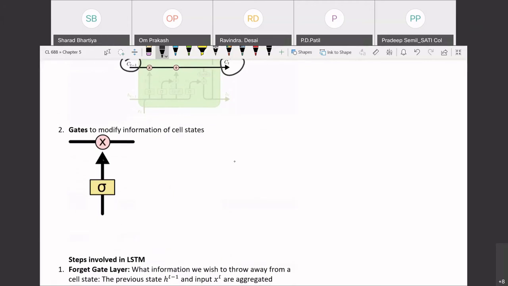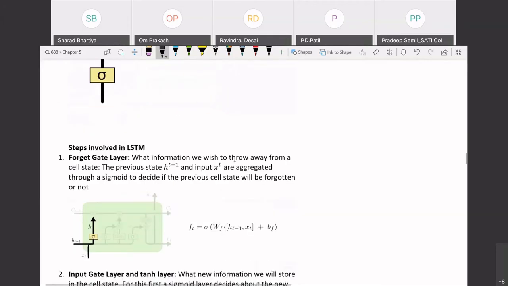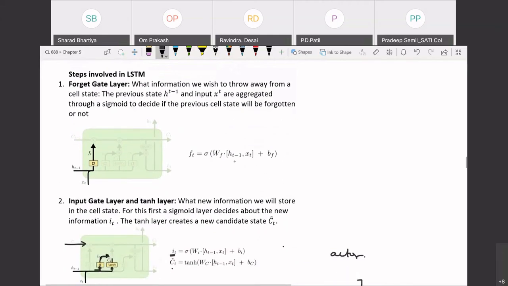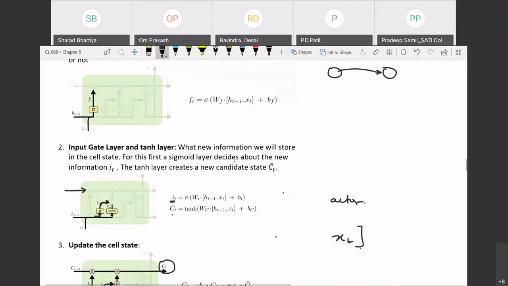The gates had the ability to decide how much information of that cell state we want to forget. That means when we go from one neuron to the next, how much of this information we want to forget. If you get a new piece of information, some new input u or x, the independent variable, how much of that to take forward.